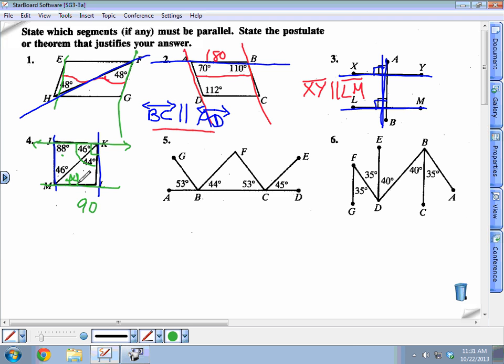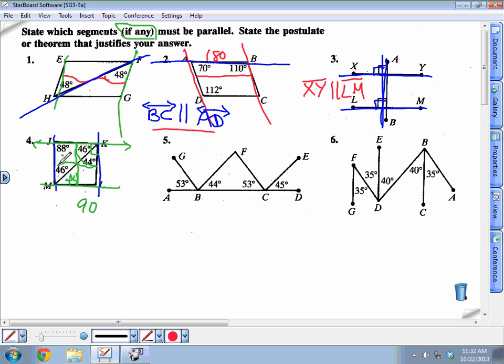Don't forget that our directions said "if any." So even if I look at this being 44 and 46, those alternate interior angles are not equal. And neither are these two alternate interior angles if I look at the blue lines. So those are not parallel. Nothing's parallel over there.